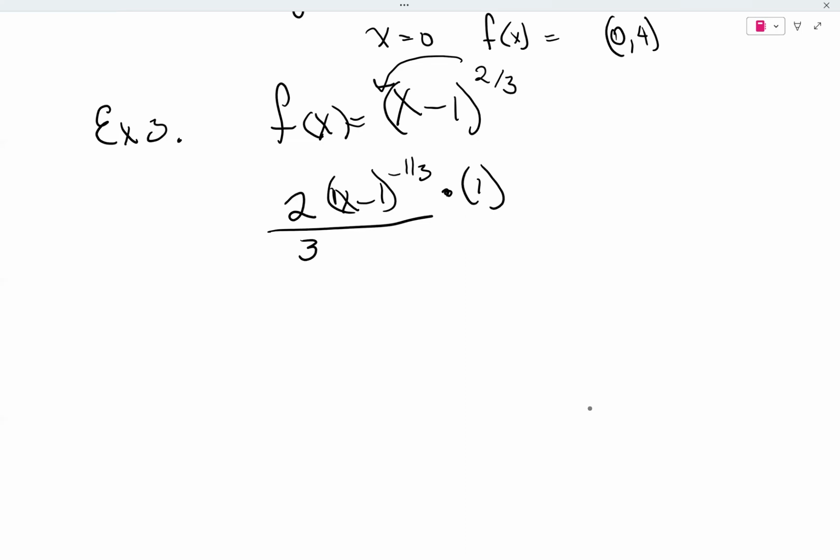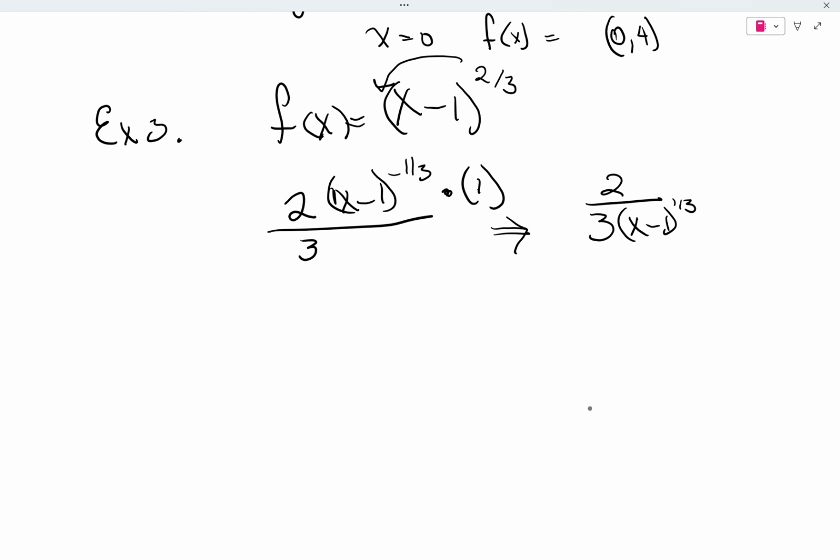We then correct it so that we get rid of the negative exponent. We'll multiply 1 times 2, so we end up with 2 over 3 parentheses x minus 1 to the positive 1/3. And now we can look at the denominator for the critical number.